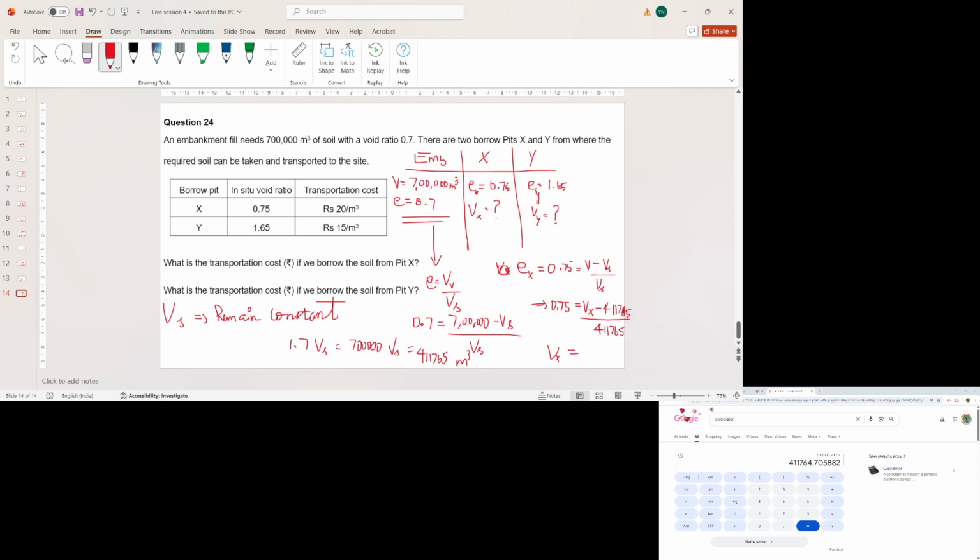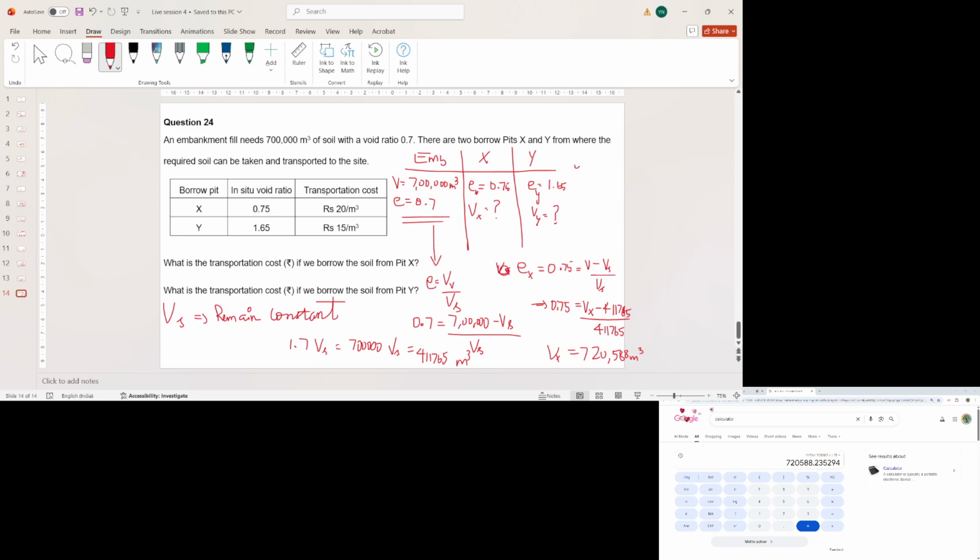Now Vx is going to be 1.75 times 411,765, which comes to 720,588 meter cube.